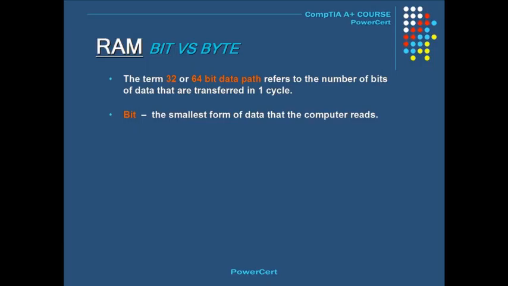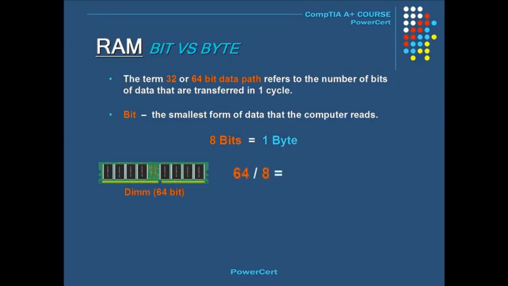Now there's also the term byte, and 8 bits is equal to 1 byte. So if a memory DIMM is rated to have a 64-bit data path, then that means that it has an 8-byte wide data path, or bus, because 64 divided by 8 equals 8.